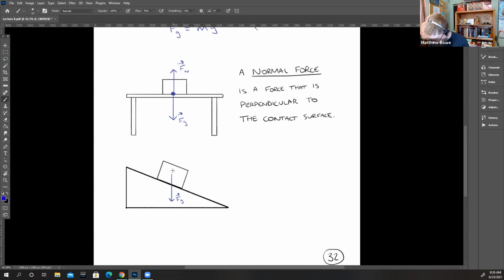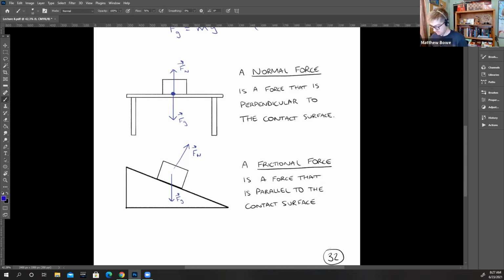So I'm going to try to do that. It's going to be something like that, perpendicular to the contact surface. Then we have this other new thing that is a frictional force. Frictional force is a force that is parallel to the contact surface.